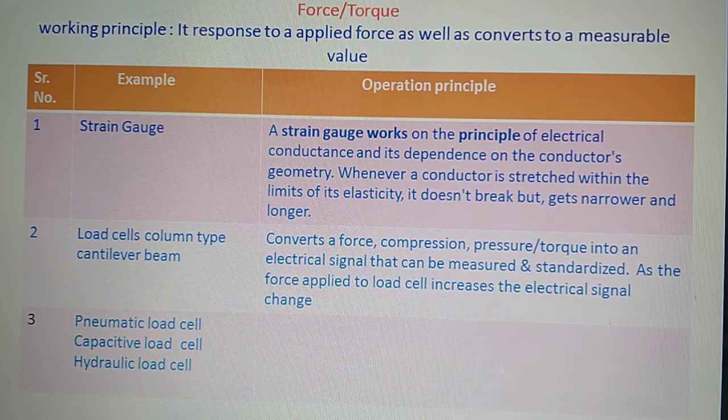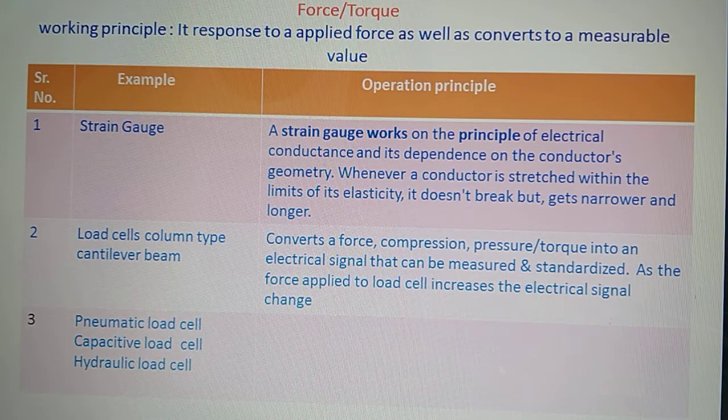The next kind of sensors measures force or torque. The working principle of this kind of sensor is that it responds to the applied force and converts that applied force to a measurable value, right?